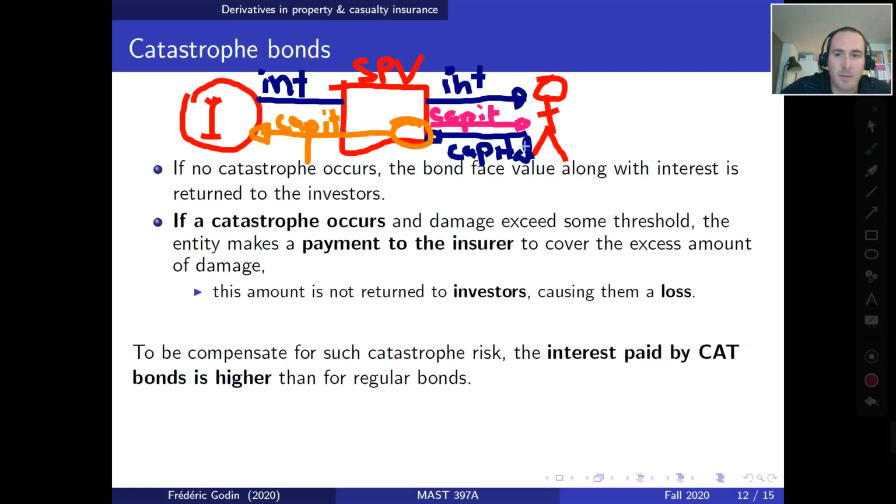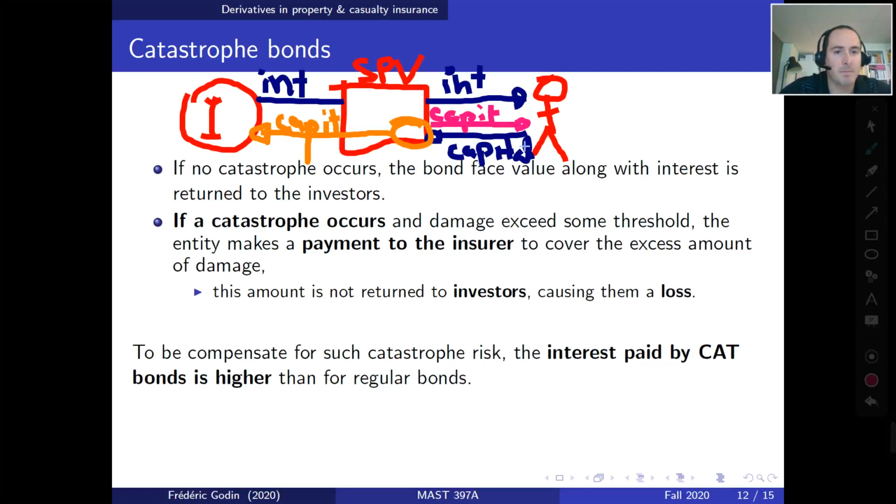Okay, so now from the insurer's perspective, it's pretty clear why it's worth it. Now for investors, why would somebody go into that deal? Why would investors be ready to sacrifice a bit or a large part of their capital if there's a catastrophic event?